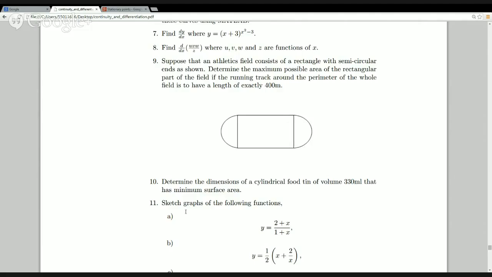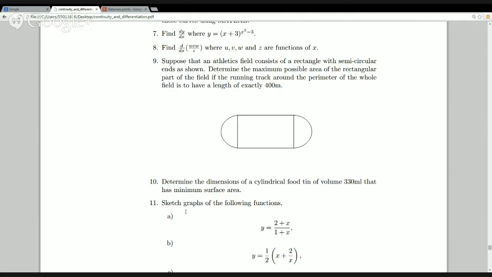It's going to be 660 over 4 pi, and take the cube root of that. So there's only one stationary point. We should just confirm that it is a minimum.